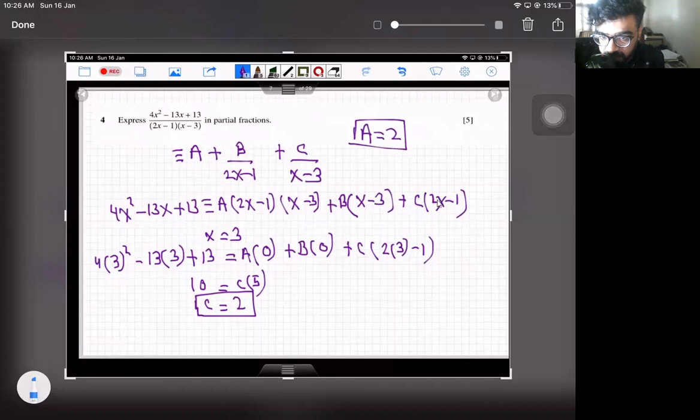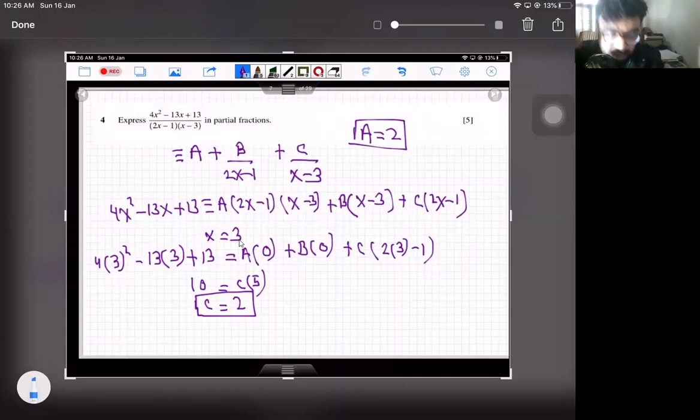If you take x is equal to half, this c will be multiplied by 0 and this a will also be multiplied by 0, and you can easily find the value of b. You can do this step as well. But since we have three unknowns, and two of them we have already found, now you can substitute any value of x, but remember to use that value of x which has not been taken yet.